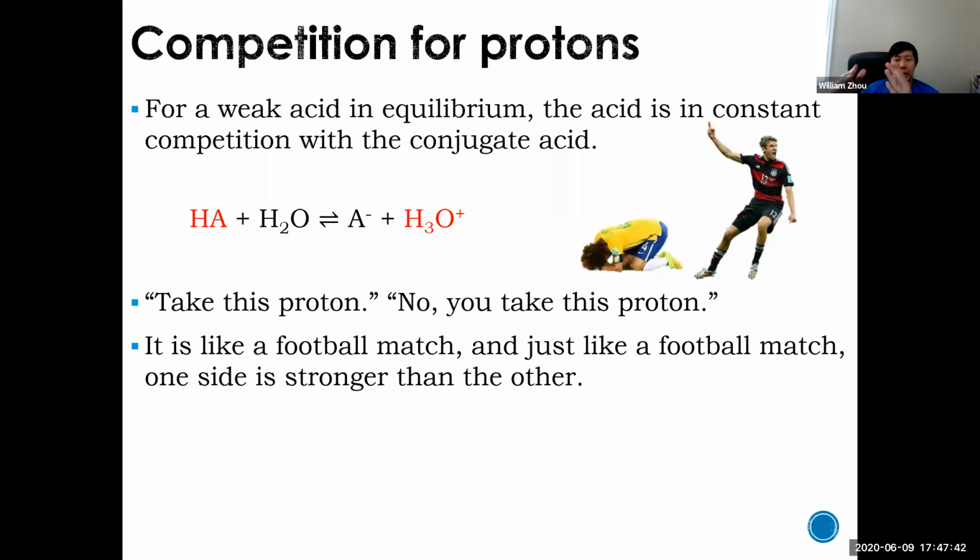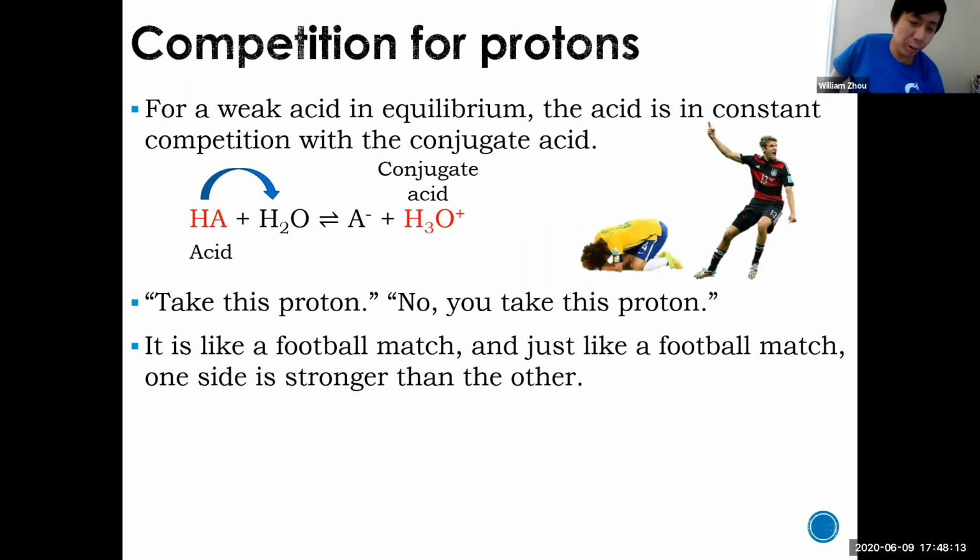And just like a soccer match, one side is typically stronger than the other side. When I watch soccer, the result is usually 0-0, which pisses me off, but a lot of the time it's not. One side does win. And in weak acid competition, one side wins. The HA is trying to give the H to the water. You're an acid, but once you get the proton, you become the conjugate acid.